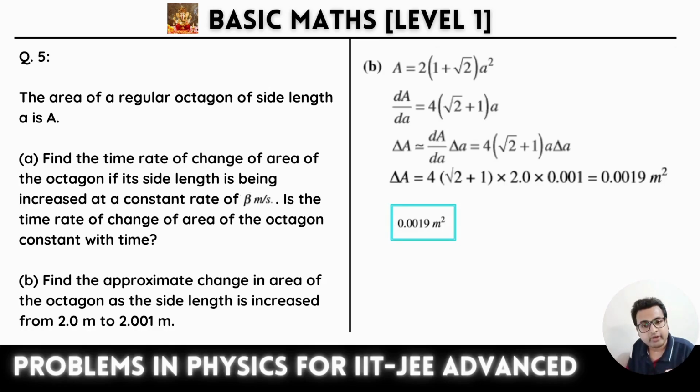See, there is a difference between delta A and dA. Delta A is a change over a significant, measurable time, and dA is an instantaneous change, meaning over an infinitesimally small time.